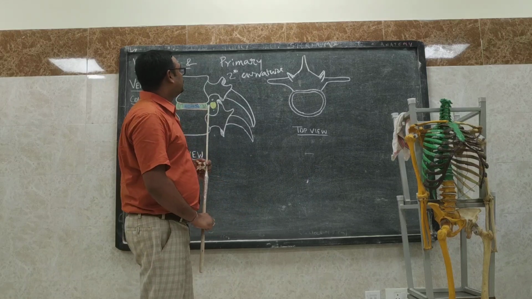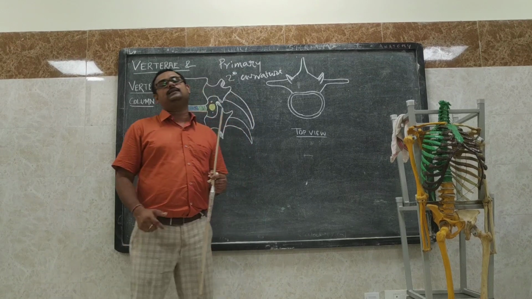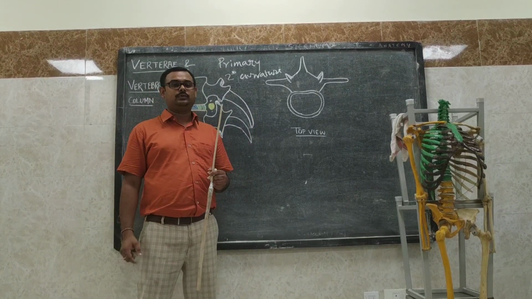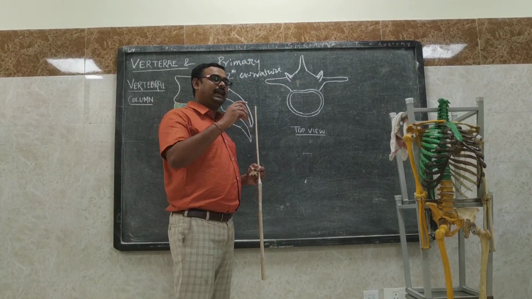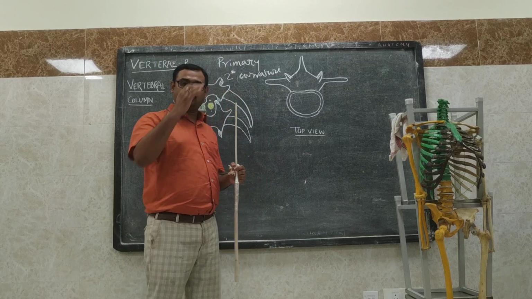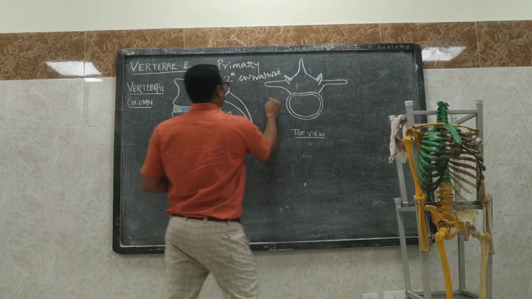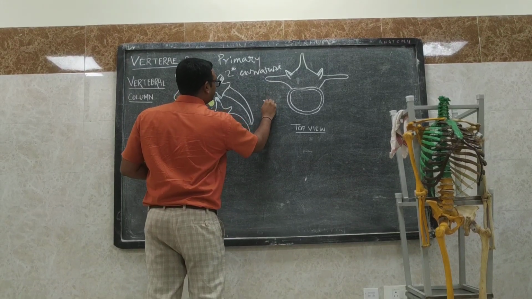Now, what is the primary curvature? The primary curvature is present in intrauterine life, when the fetus is within the mother's womb, and that curvature is such that the concavity of the spinal column is forward. So primary curvatures are curvatures with concavity forward.